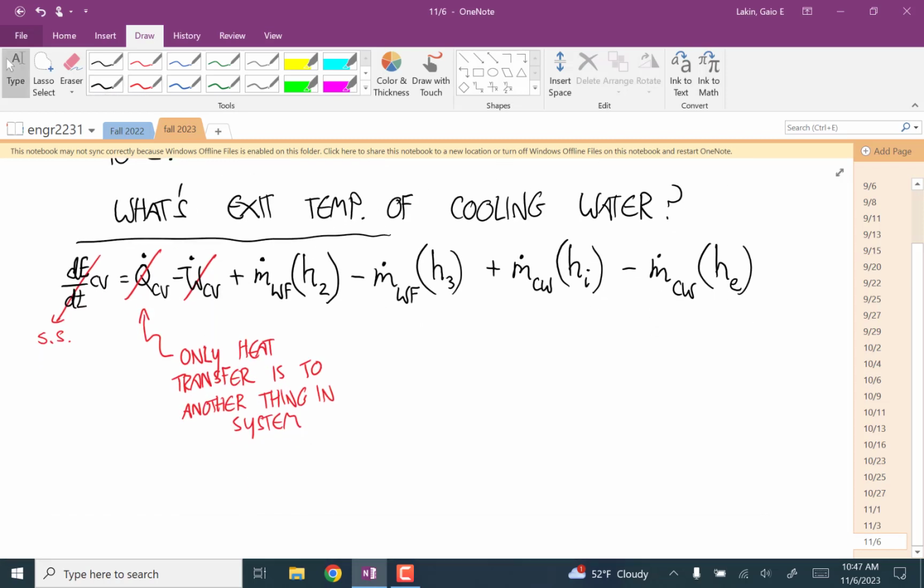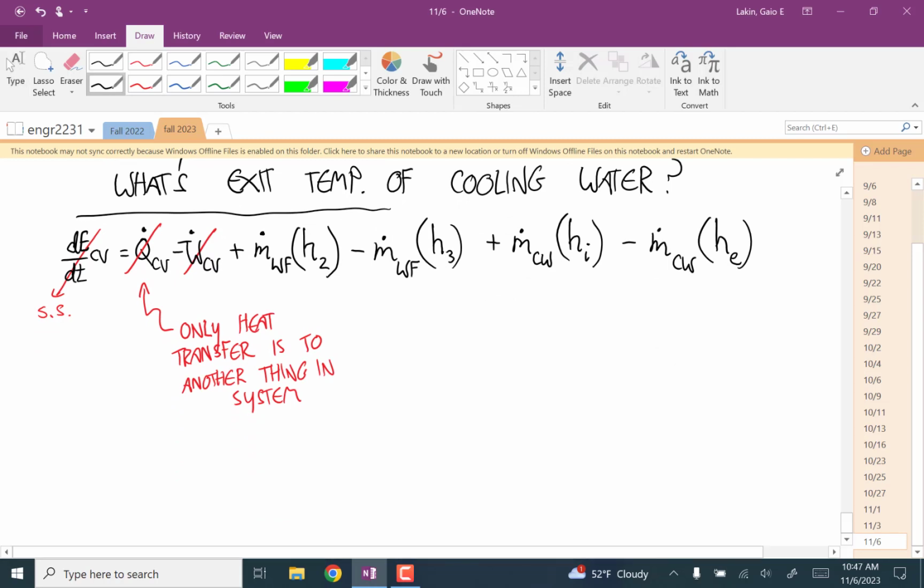All right, so now what do we have? We could write it as m dot for the working fluid times the quantity h3 minus h2 is equal to m dot for the cooling water times the quantity h inlet minus h exit.